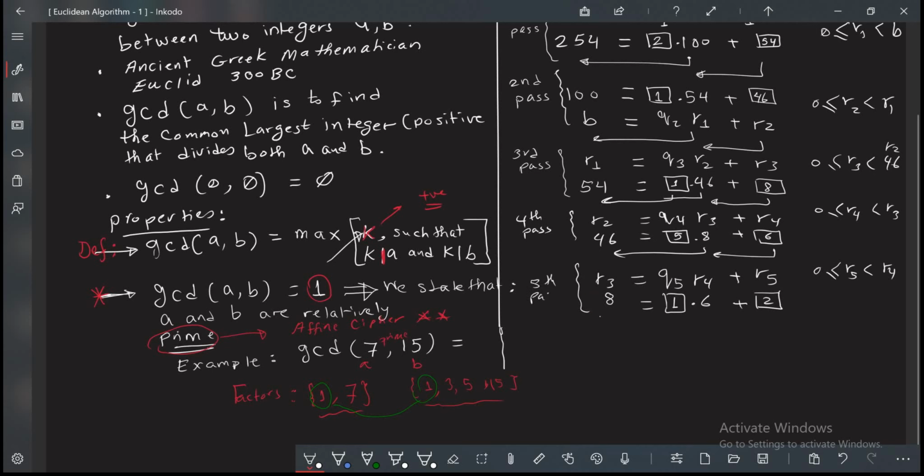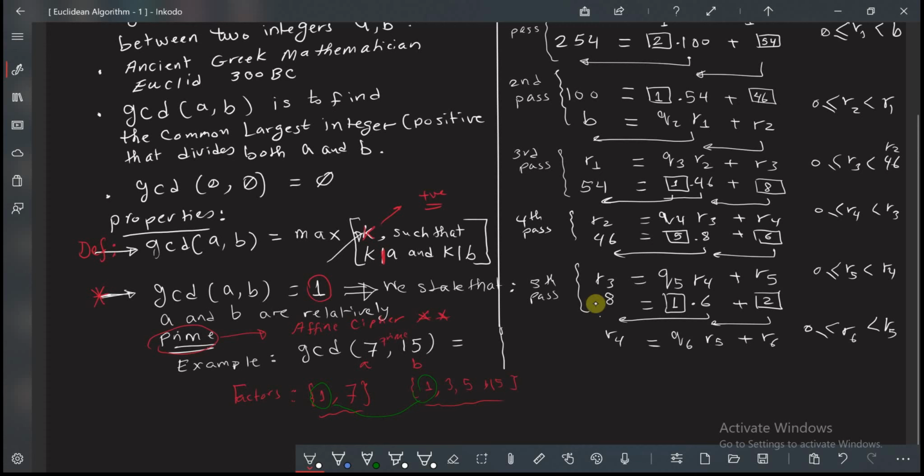Again we do the shifting one more time, and this is going to be R4 equal to Q6 R5 plus R6. The condition for R6 is greater or equal to 0 and less than R5.